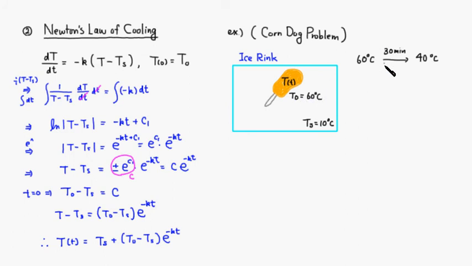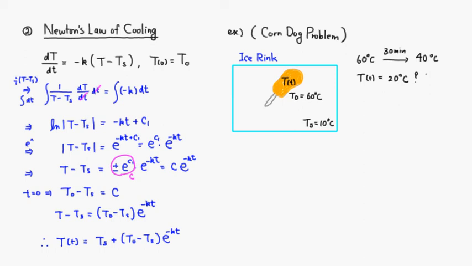It cools down to 40 degrees in 30 minutes. The question is, when does the temperature of the corn dog become 20 degrees? Let's do that.